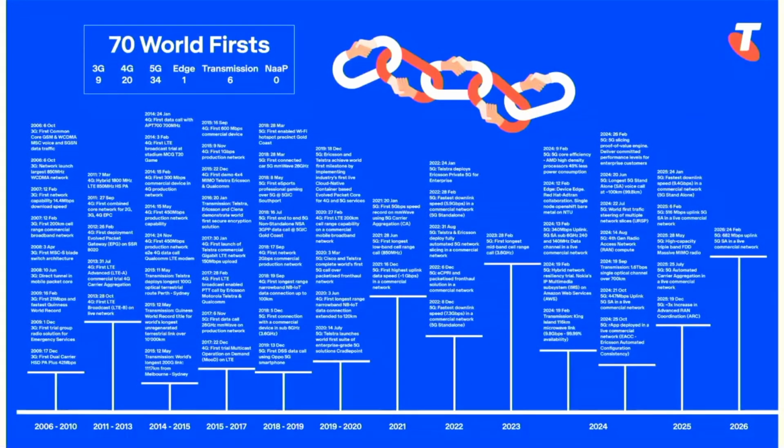Now, it's inherent in Telstra that we want to be an industry leader. What we're showing here is what we call the world firsts. We play a key role in ongoing innovation, pushing the boundary of what's possible in mobile technology. This slide actually needs to be updated now because we just announced 2 new world firsts, so it should be 72 world firsts.